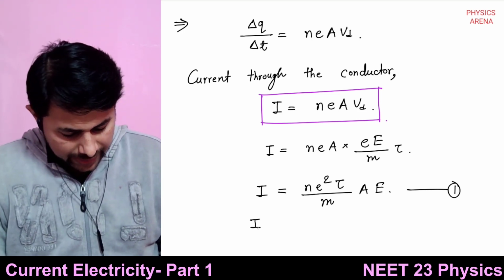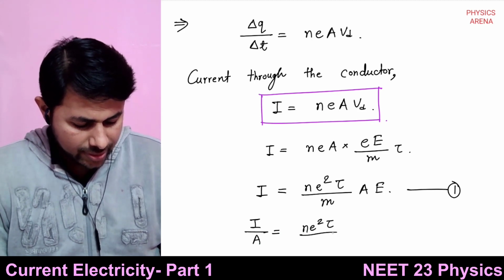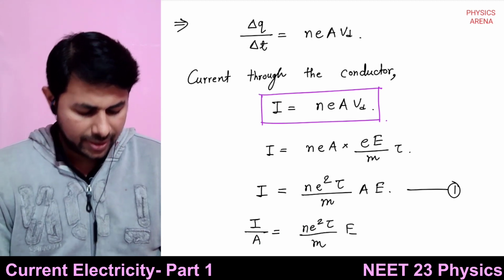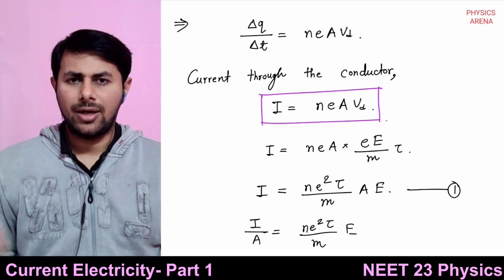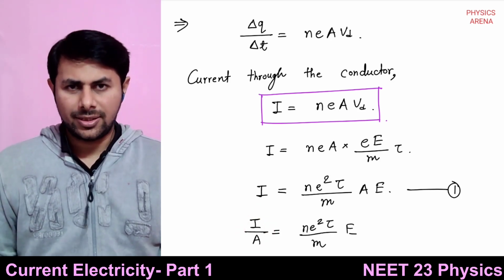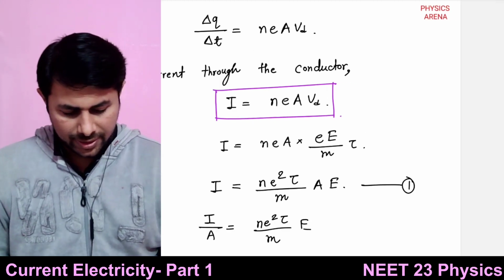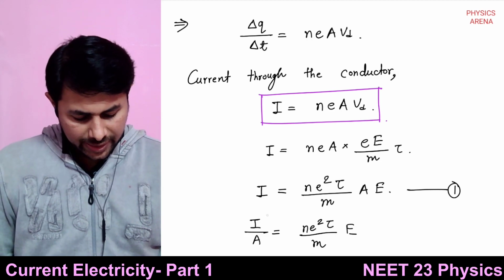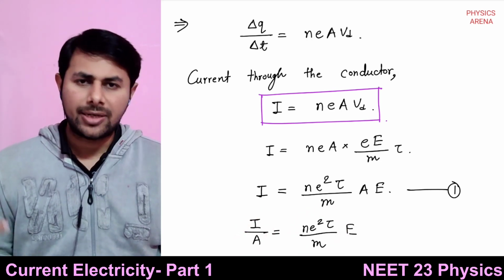So I can say I upon A is equal to n e square tau upon m multiplied by E. And what is I upon A? I upon A is the current density, right? Current per unit area. It is current density.